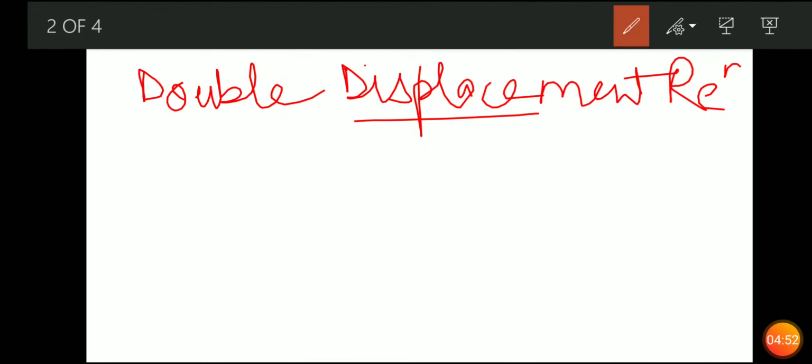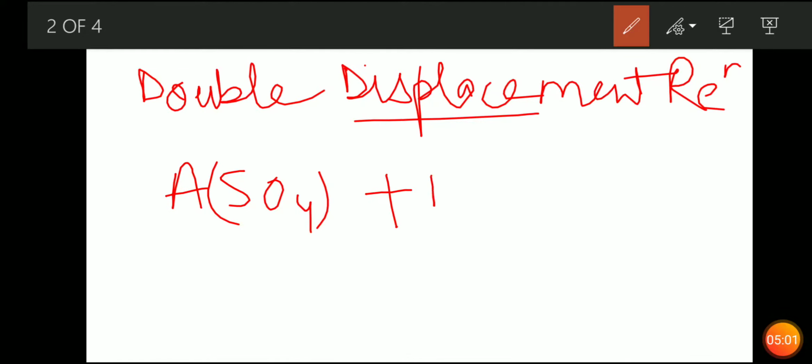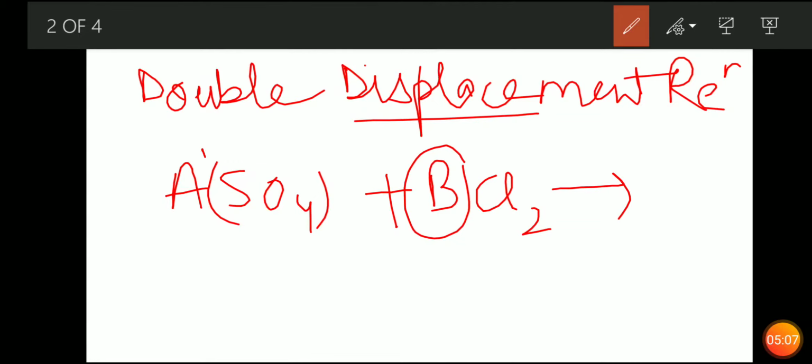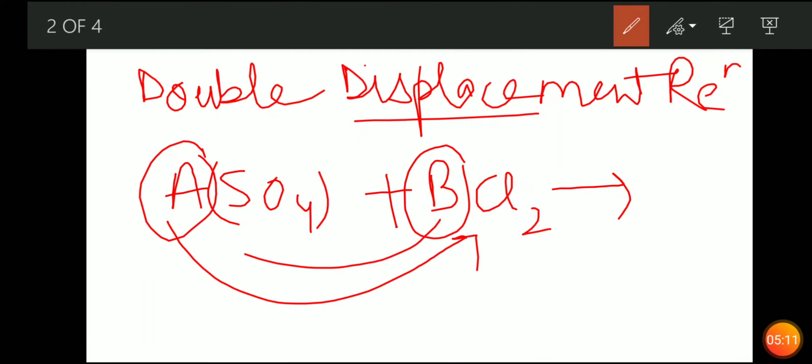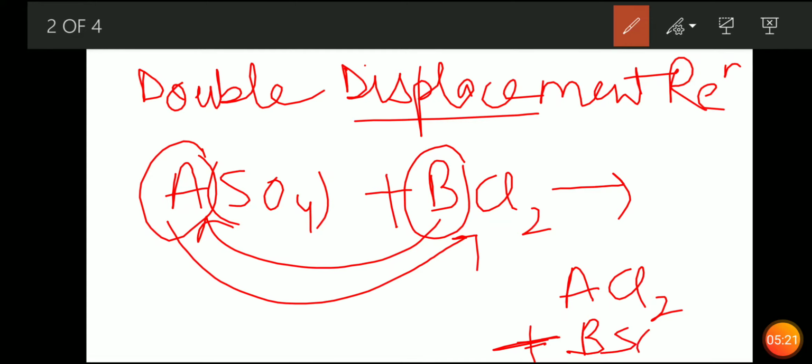Say for example we have ASO4, that is any metal A within its solution state, with BCl2. Fine. So what it will do is it will interchange their places. So A will come in place of B and B will come in place of A. So what it forms is ACl2 plus BSO4.